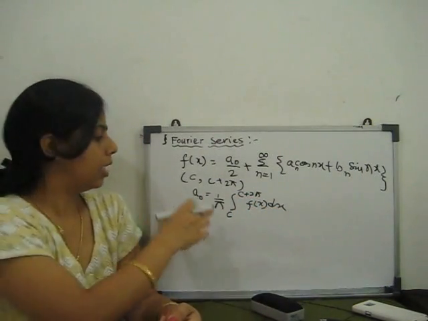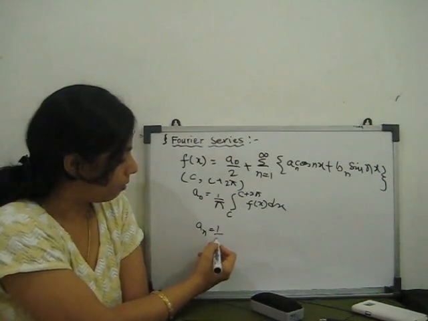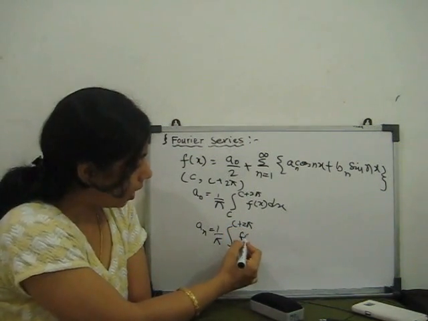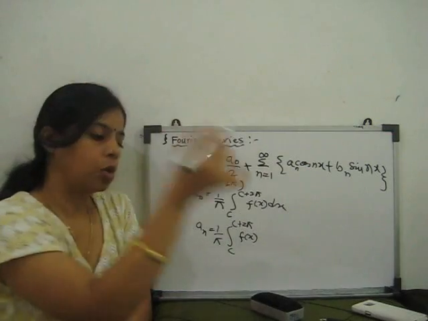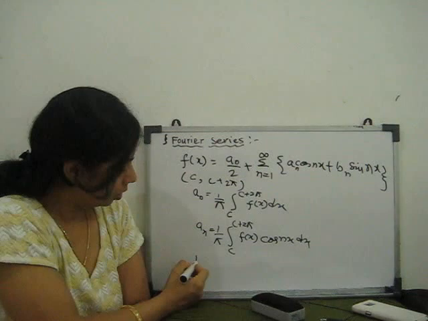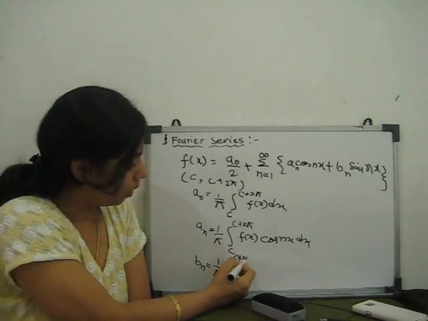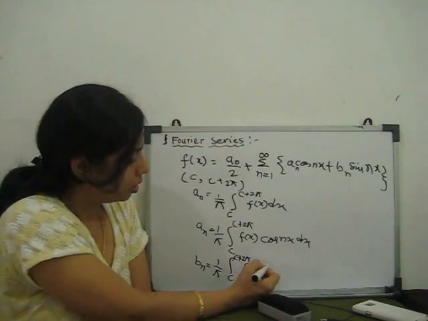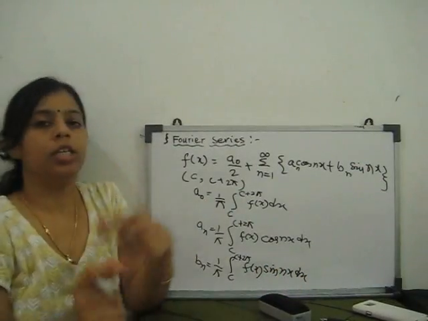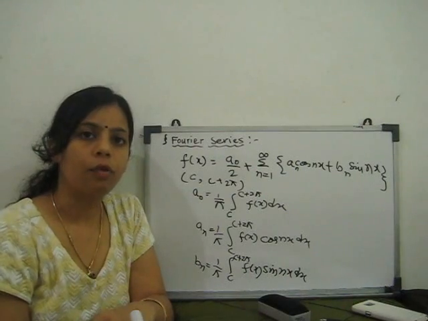We can integrate it and apply the limits. The second constant an is given by 1 upon pi, integral from c to c + 2 pi of f(x) cos nx dx. bn is similarly 1 upon pi, integral from c to c + 2 pi of f(x) sin nx dx. So these are the three Fourier constants derived with the help of Euler's formulas.